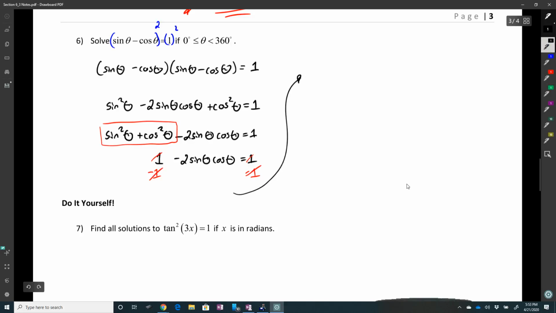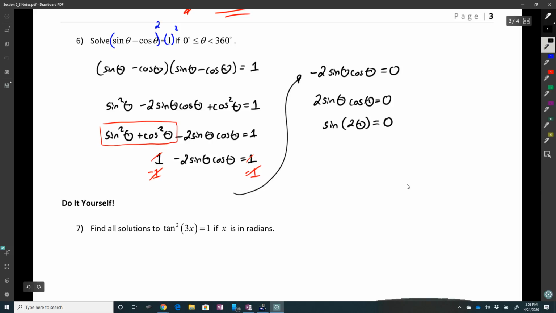And so now I have negative 2 sine theta cosine theta equals 0. Let me multiply both sides by negative 1. But 2 sine theta cosine theta is just sine of 2 theta.